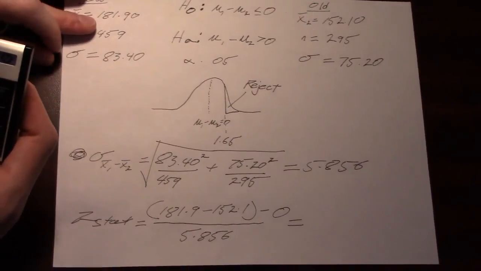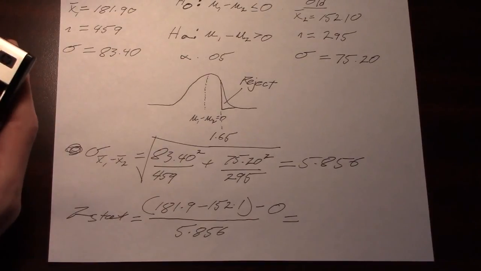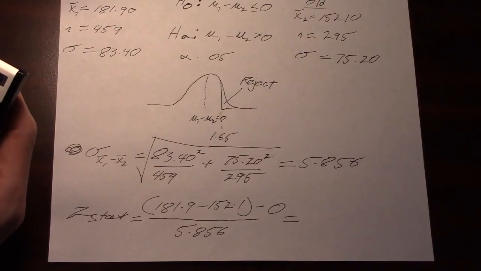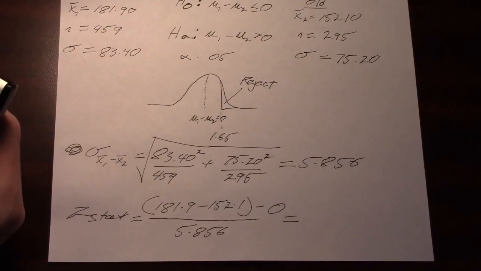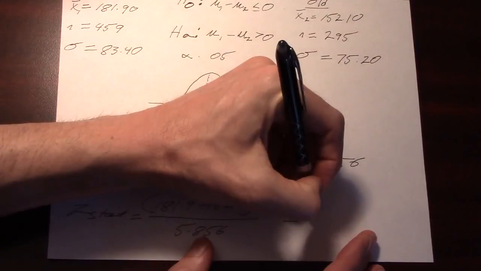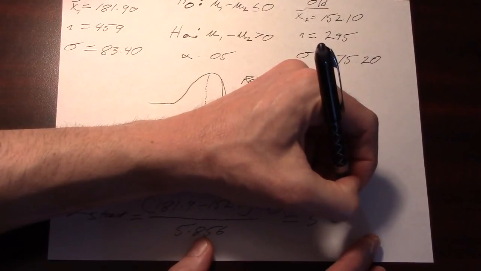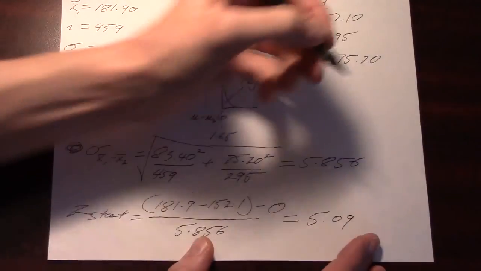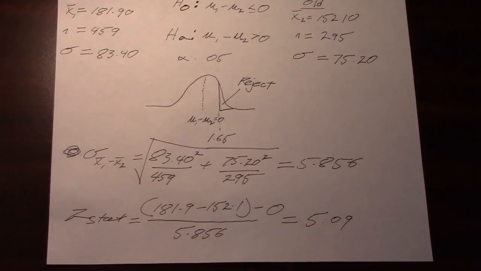So 181.9, enter, minus 152.1, minus, recall that number, divided by, okay, jeepers creepers, that comes out to 5.086. Okay, good God. So that is 5 standard deviations above the mean.